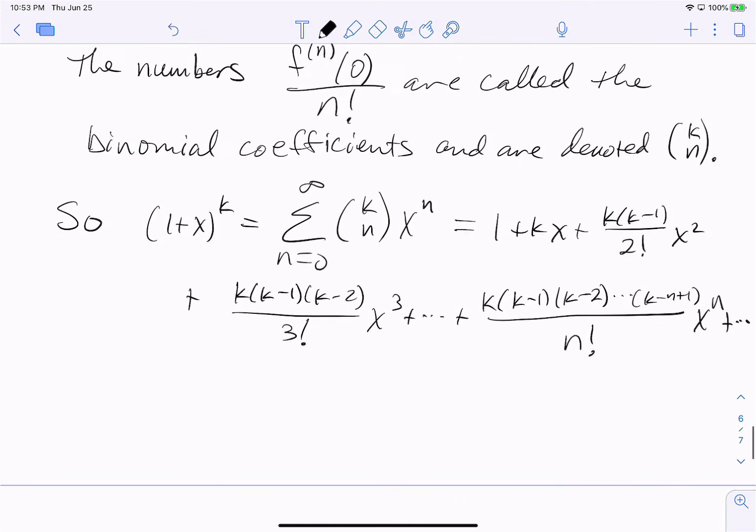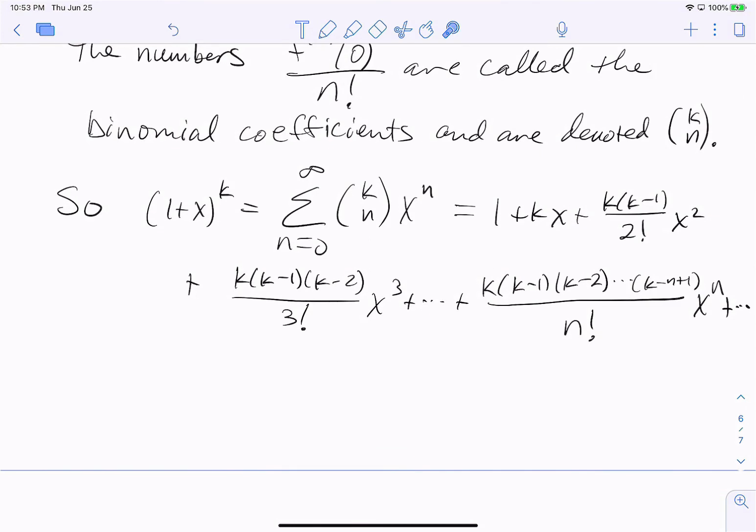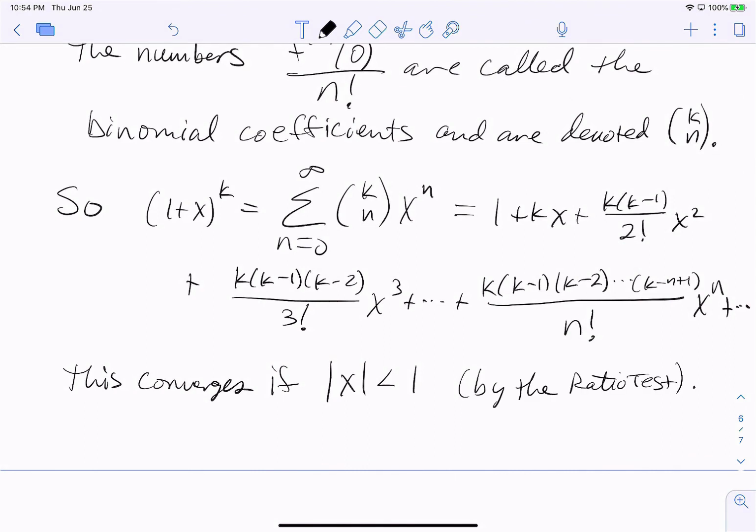This is an infinite polynomial. We have seen things that look kind of like this before, not in the context of power series, but look at this. Each successive term has one more factor than its predecessor. The ratio test will show that this converges if the absolute value of x is less than 1. What we've just developed is the binomial series.